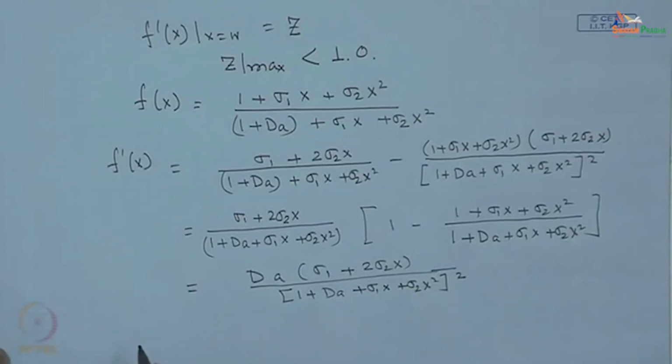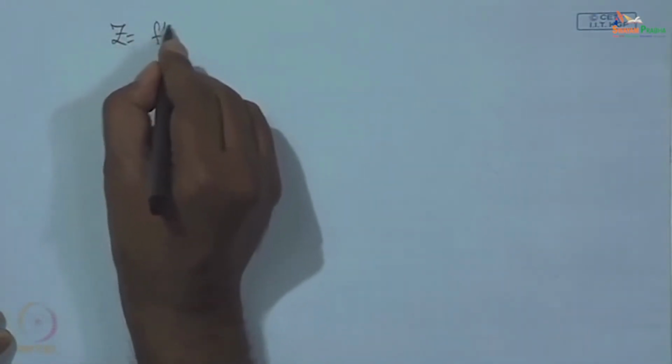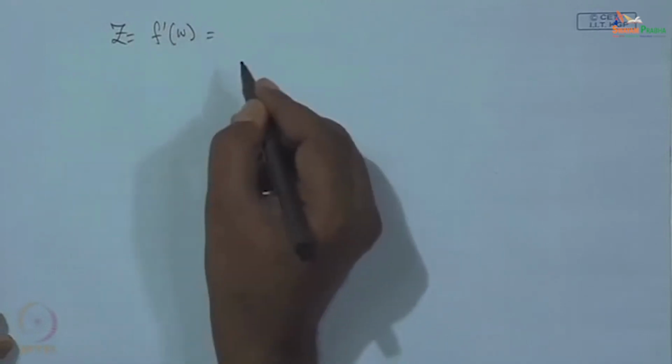So, what is f prime w? That is our z. So, z is f prime evaluated at x equal to w.